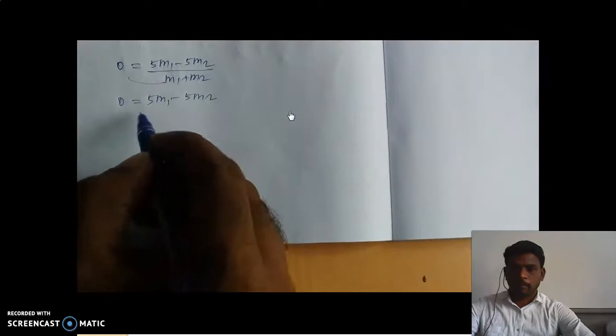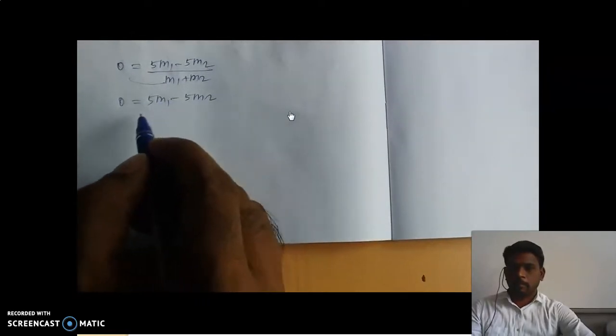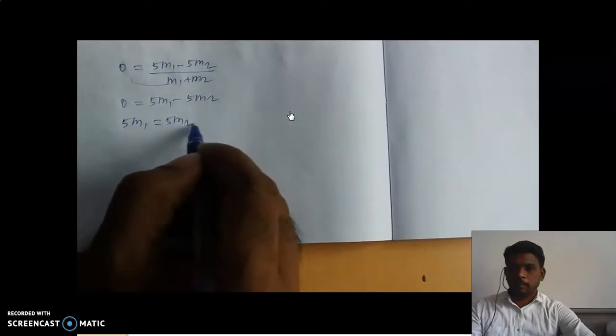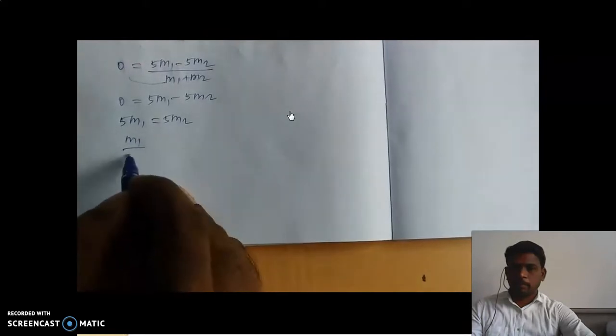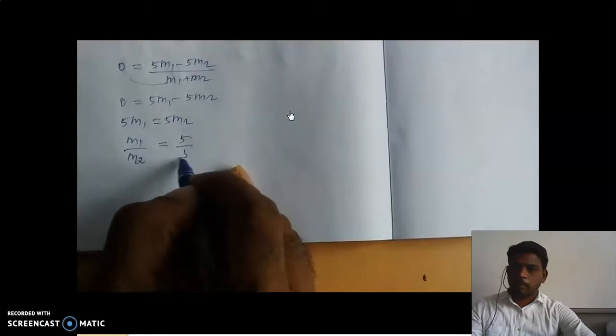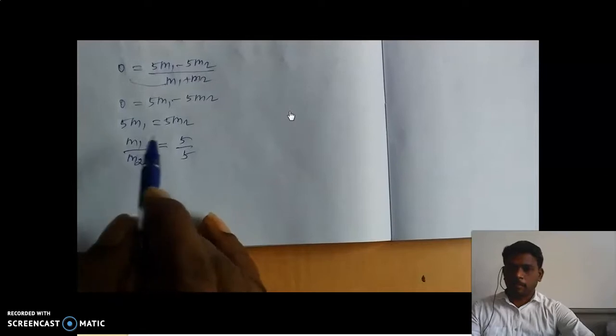Now bring M1 on one side and the numbers on another side. So 5M1 equal to 5M2. Then transpose M2 to the left-hand side so it becomes M1 divided by M2 equals 5 divided by 5. Here I just split the variables on one side and numbers on another side.